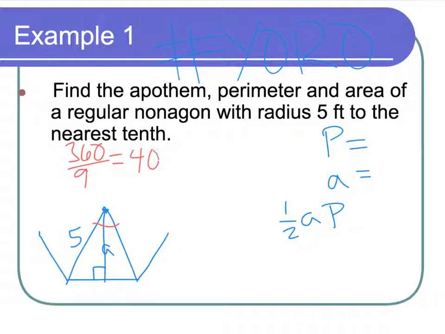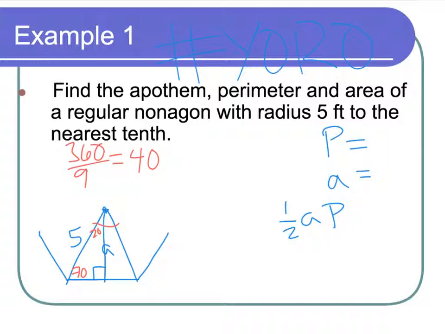And that's going to be 40. And half of that will give me my other one, 20. Booyah. Which makes that guy 70. Not that that's necessary, but it's a fun fact. Okay. So what am I going to use? Well, if I want my apothem, let's just focus on the apothem right now.